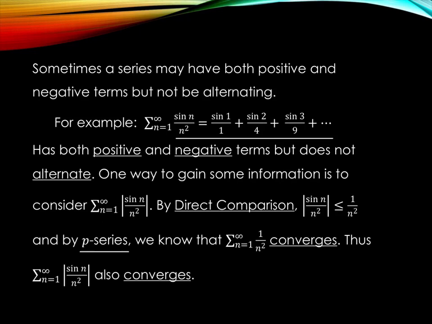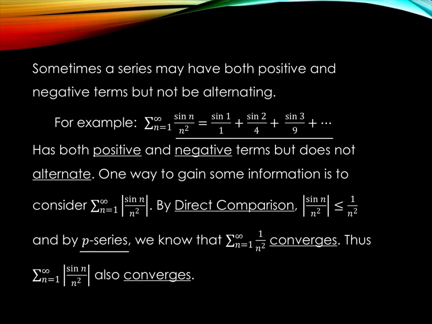Direct comparison test. The absolute value of sine of n over n squared is less than or equal to 1 over n squared. And by p-series, we know that the summation from n equal 1 to infinity of 1 over n squared converges. So that must mean that the summation from n equal 1 to infinity of the absolute value of sine of n over n squared also converges.